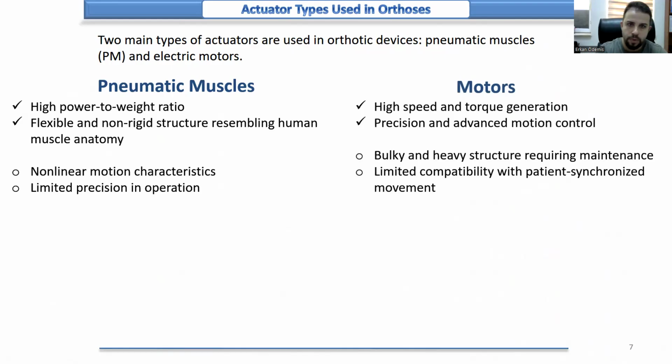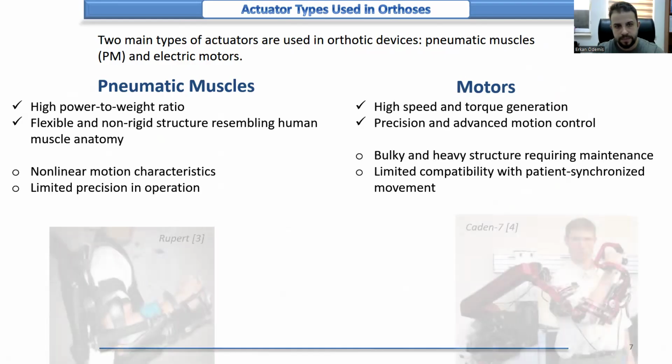From the electric motor perspective, it also has some advantages, such as high speed and torque generation, precision, and advanced motion control. Also, it has some disadvantages like bulky and heavy structure requiring maintenance and limited compatibility with patient synchronized movement.